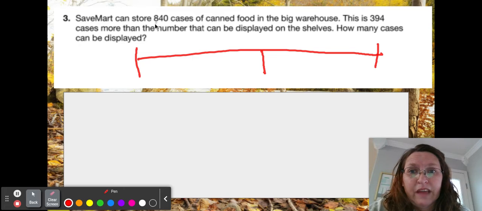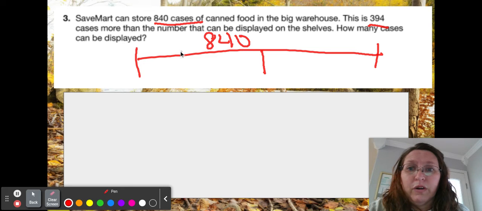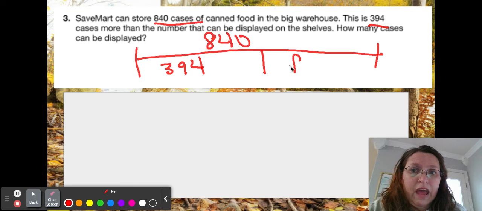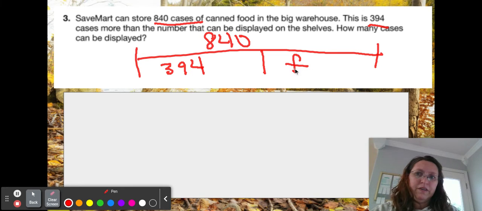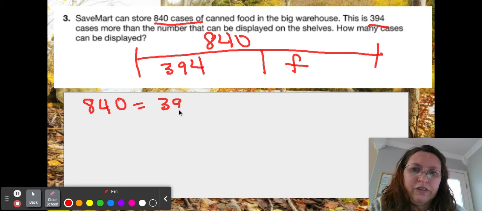So I do know that there's 840 total cases. And I know that 394 is one of the parts. So I'm going to put an F for food for the other one. So with this one right here, I'm going to have 840 equals 394 plus f.